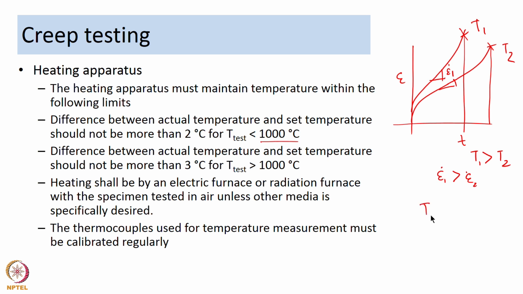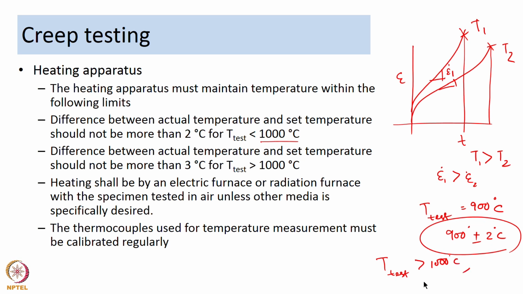So, if your T test as an example is 900 degree centigrade, then the maximum allowed is 900 degree centigrade plus minus 2 degree centigrade. So, your sample temperature should be in that range. Similarly, if your T test is greater than 1000 degree centigrade, let us say 1100 degree centigrade, then here the allowed variability is only 3 degree centigrade.